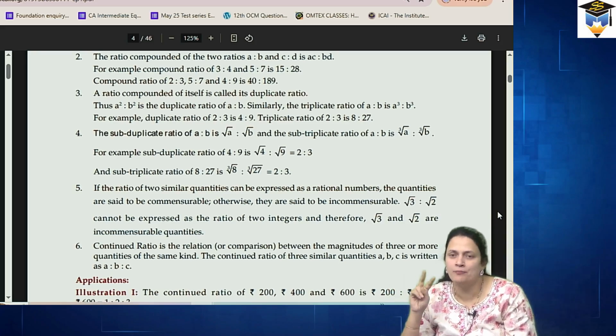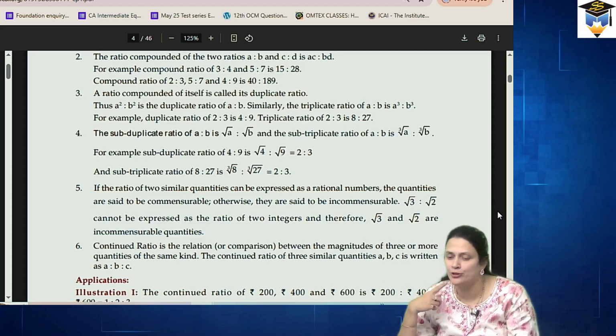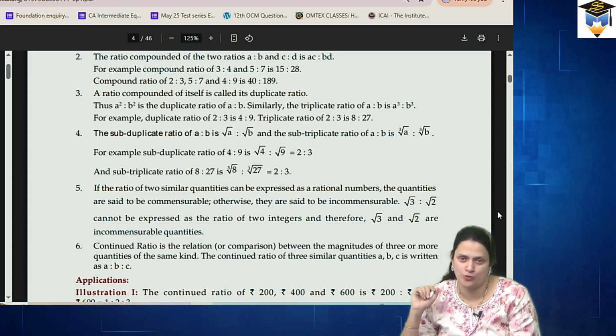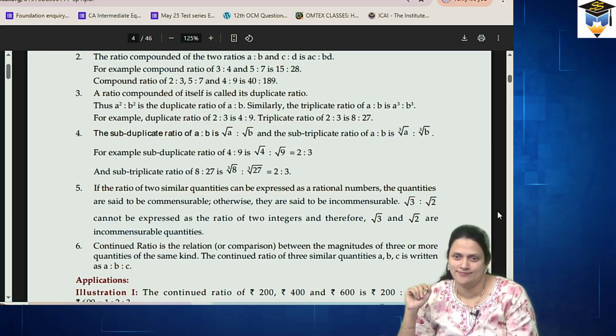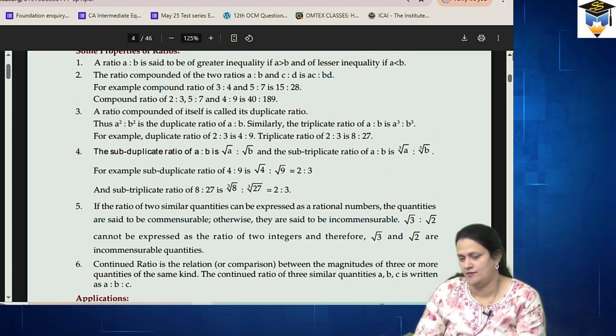Same. Compare first two, compare next two, or compare first two, compare second and third. That we are going to see. That is called continued ratio. I'll tell you the meaning of continued ratio. Please write up till here so that all the concepts are clear. Then I'm going to explain what is a continued ratio.